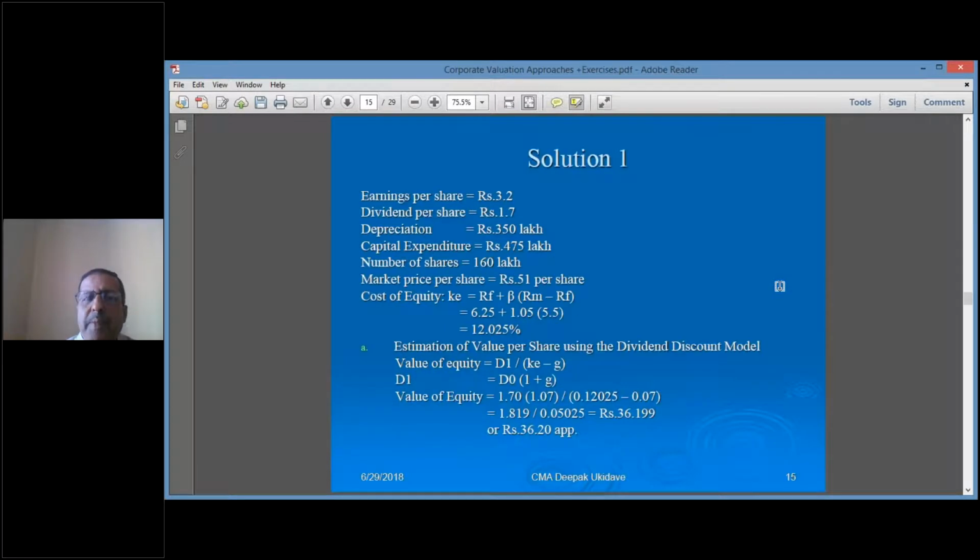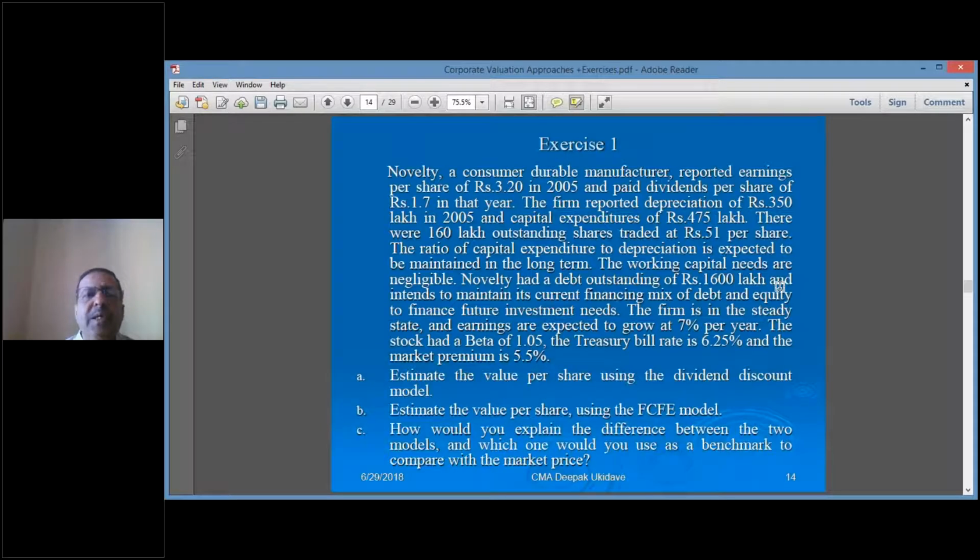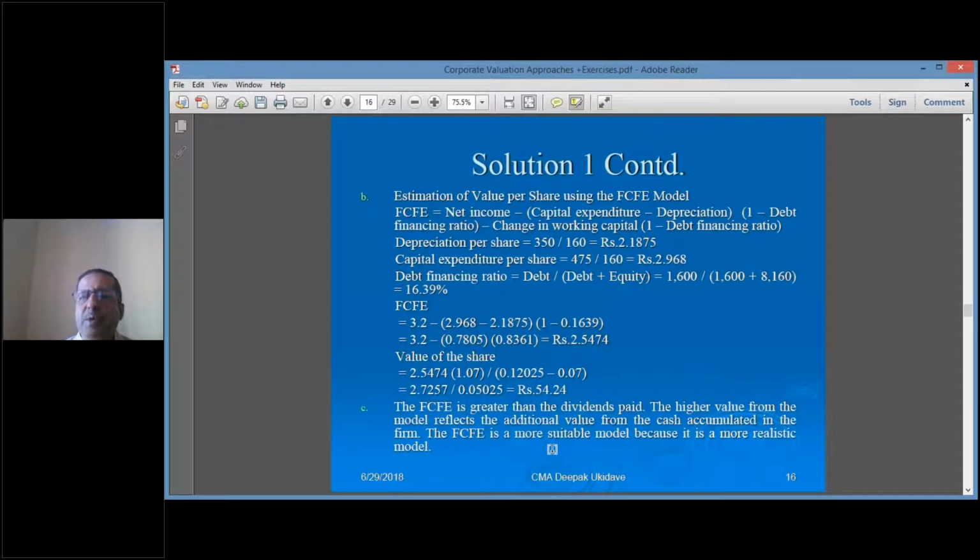Do it on the calculator. 160 lakh outstanding shares traded at rupees 51 per share. So 160 into 51, you get the answer 8160. That is the equity component.